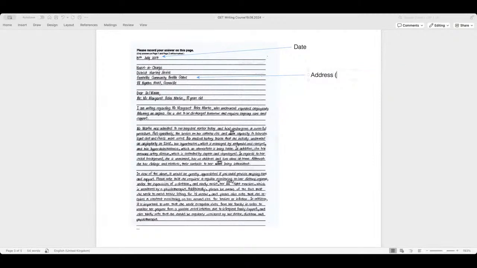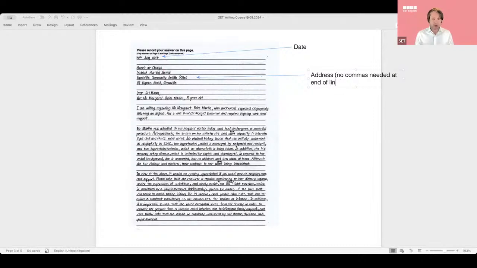Microphones off, please. No commas needed at end of line. You can do it if you want. I'm not saying you cannot do it, but look, the easiest way is just don't have any commas, okay? Even for here for Grenville, can everyone see here Grenville?